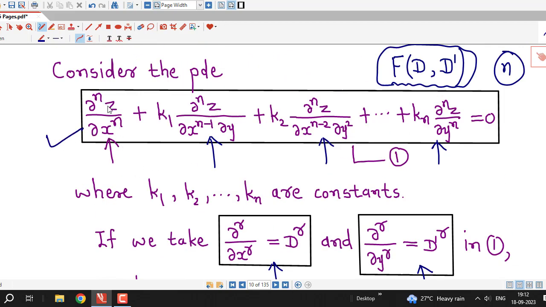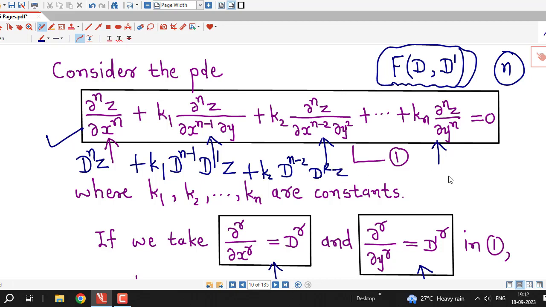Here I have partial derivative with respect to x n times, so we will write D raised to n z here. Similarly, plus k1, partial derivative with respect to x n minus 1 times, and a single time partial derivative with respect to y, that is D raised to n minus 1 D dash z, then k2 D raised to n minus 2 D dash square z, and so on.